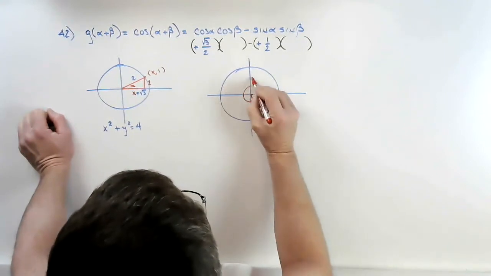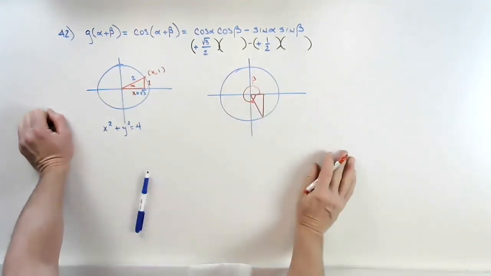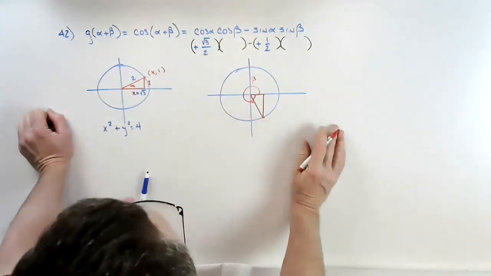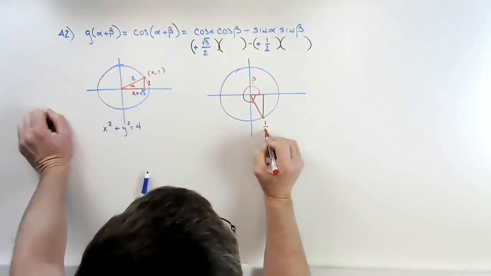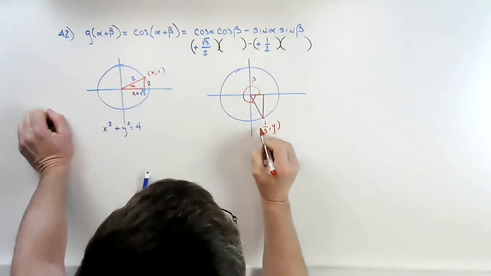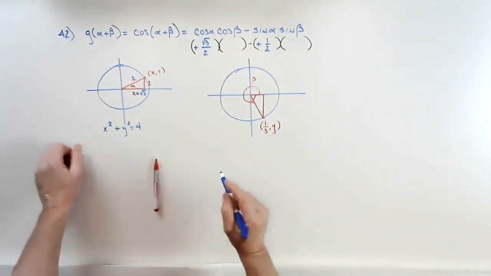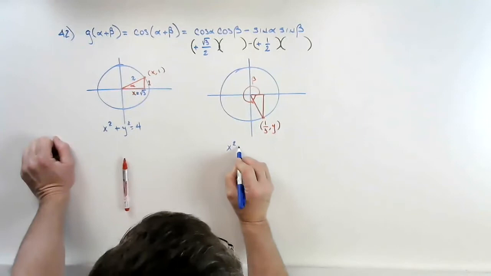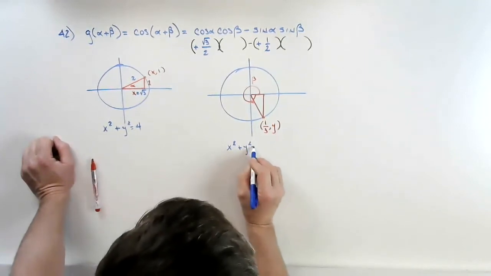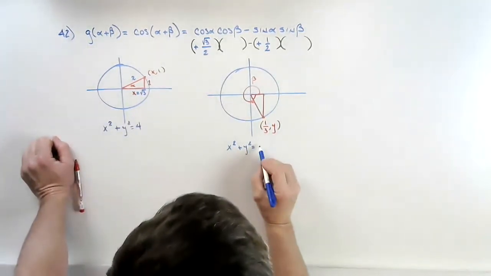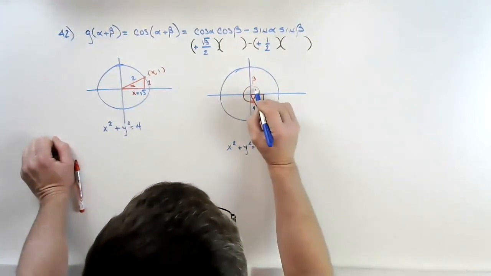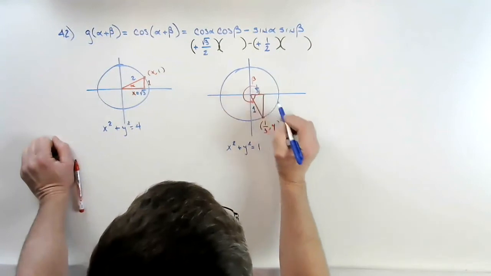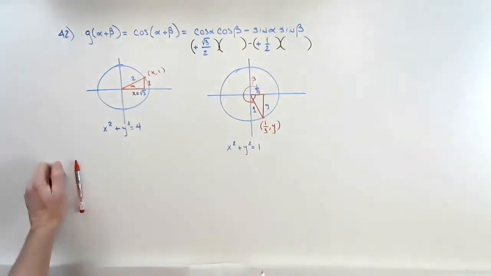This is beta, and we have our reference angle, and they told us this point is 1/3, comma, y. And they told us this circle is x squared plus y squared equals 1. So the hypotenuse is 1. This side is 1/3. This side is y.